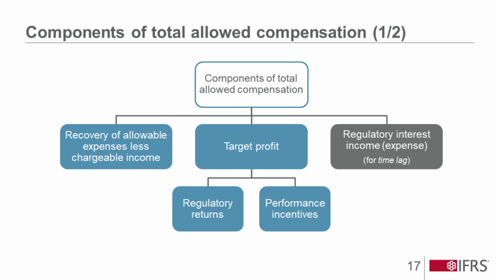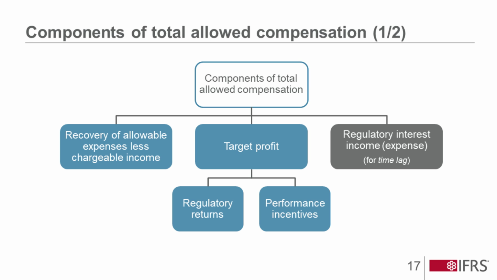The exposure draft refers to such expenses as allowable expenses. In some other cases, an entity will be required by the regulatory agreement to pass through to customers amounts of income that the entity has earned on a specific transaction, for example, gains on the sale of an asset.